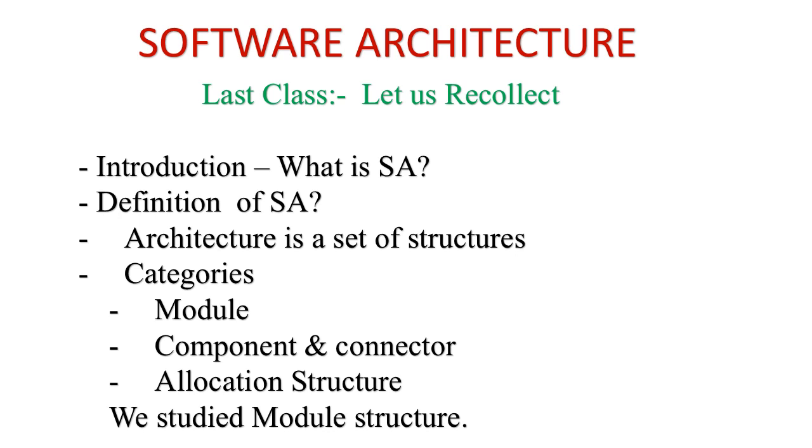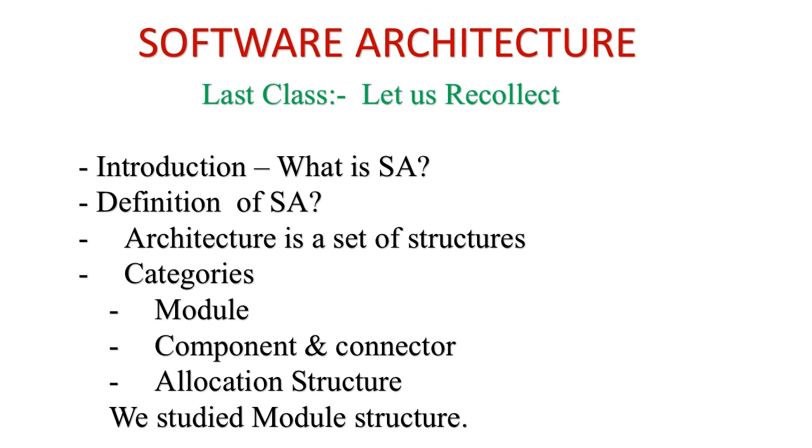Last class we studied software architecture introduction, definition, and architecture is a set of structures. Do we remember? Okay, let us recollect all those things. We studied about the categories of software architecture.